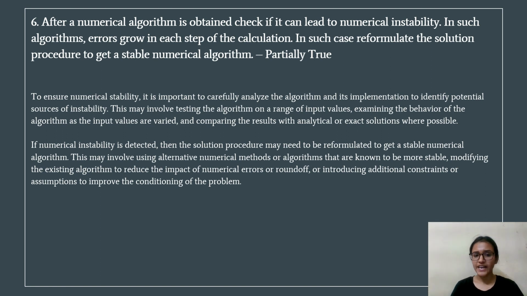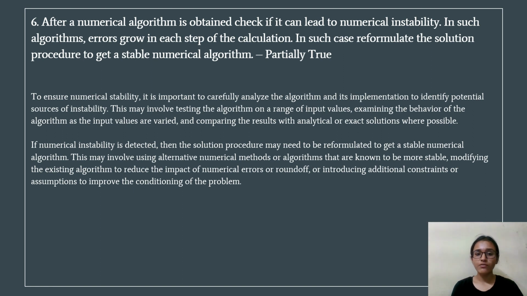This can be due to a variety of factors such as an ill-conditioned problem, numerical round-off errors, or instability in the algorithm itself. So to ensure numerical stability, it is important to carefully analyze the algorithm and its implementation to identify potential sources of instability. If numerical instability is detected, then the solution procedure may need to be reformulated to get a stable numerical algorithm.